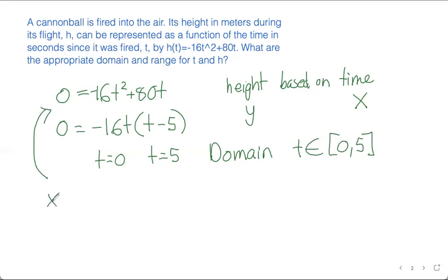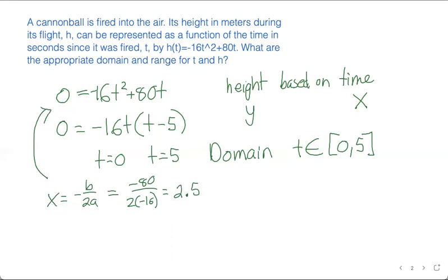We use x equals negative b over 2a to find where that's going to happen. So that's negative 80 over 2 times negative 16. I just know this is going to reduce to 2.5. Yes, it's halfway in between those. That's not a coincidence, but we just want to practice with negative b over 2a.